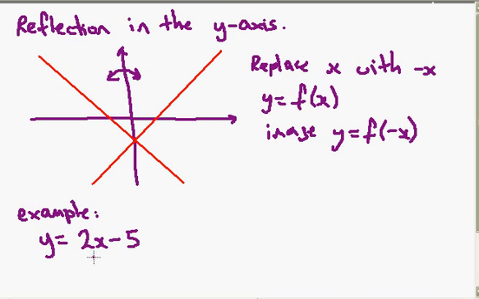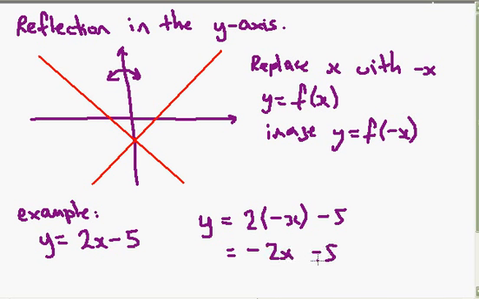So if I was looking at this example, if this was the line y is equal to 2x minus 5, then what I do is I replace x with minus x, so I've got two lots of minus x as minus 2x, and I've got that minus 5 on the end. Of course, the minus 5, the intercept, has not changed. It is still this point. It is the gradient that has changed, and it's become negative. So minus 2x minus 5.